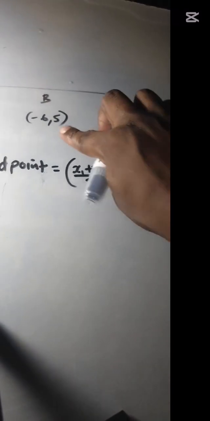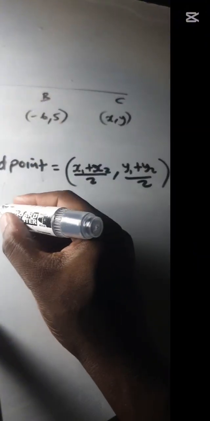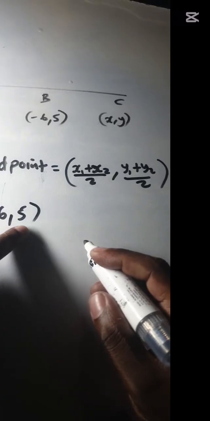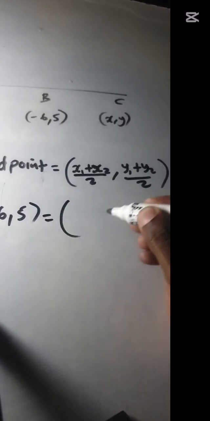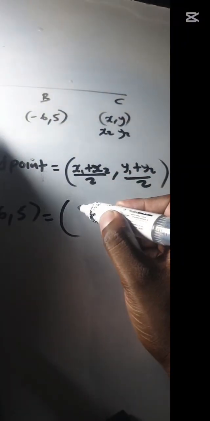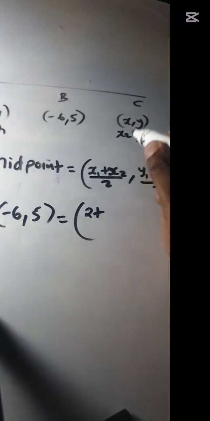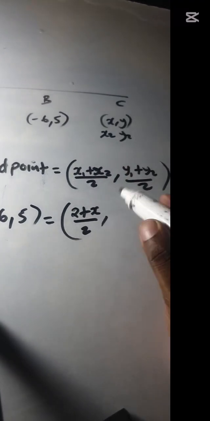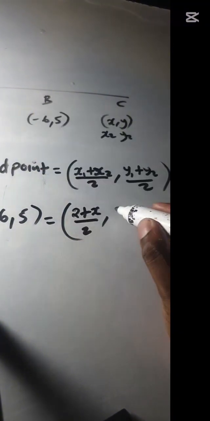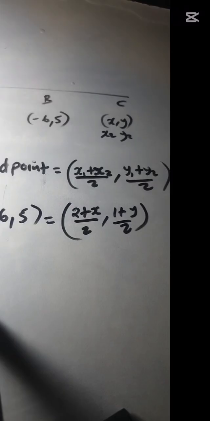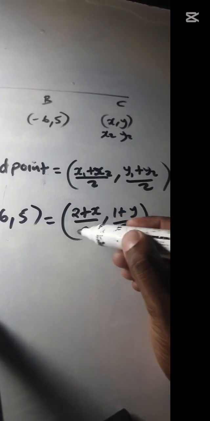Since the midpoint has been given as -6, 5, where -6 represents x and 5 represents y, this will be our x1, y1, x2, y2. So x1 is 2, and y1 is 1.